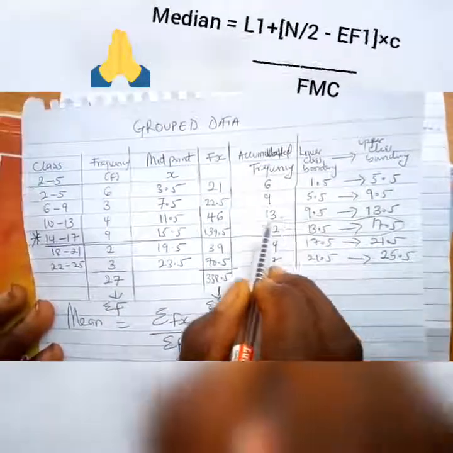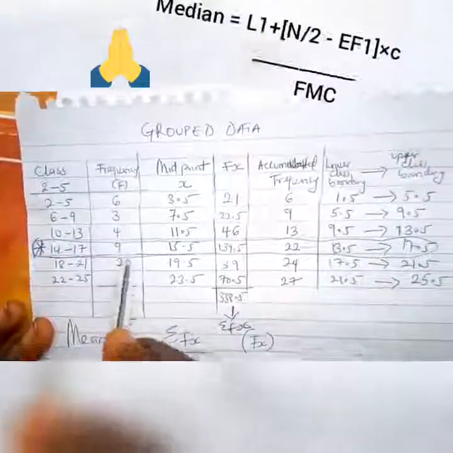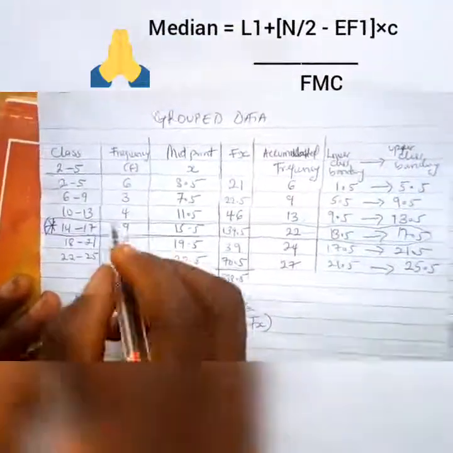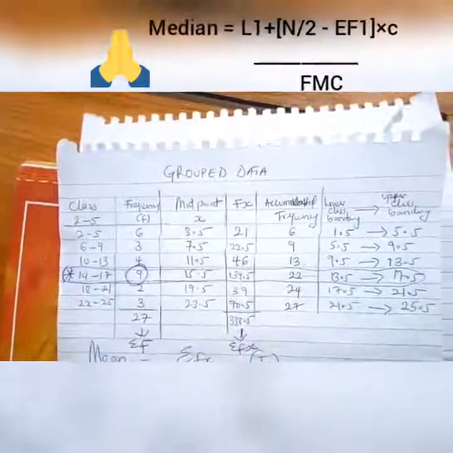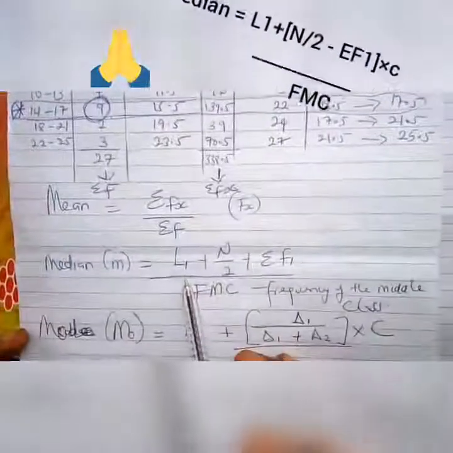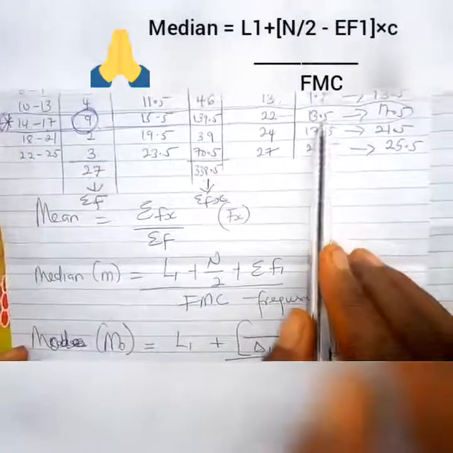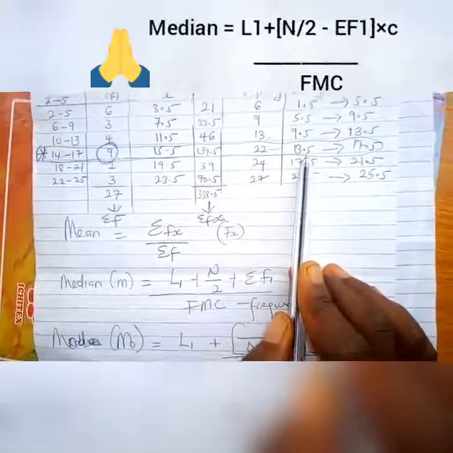This is all that concerns us when we are making use of the median. This is where our median falls in. I hope you get. So right here, we'll be looking at the lower class boundary for the median. The lower class boundary is what? 13.5. Based on the calculation we did just now, we had 13.5.